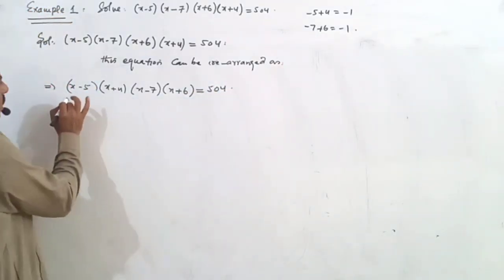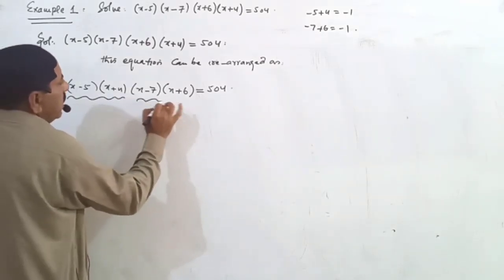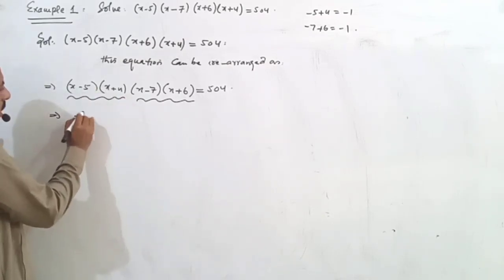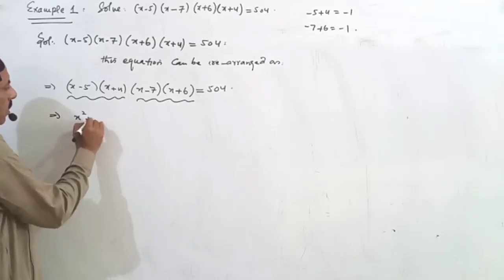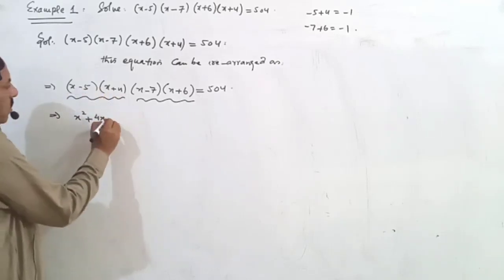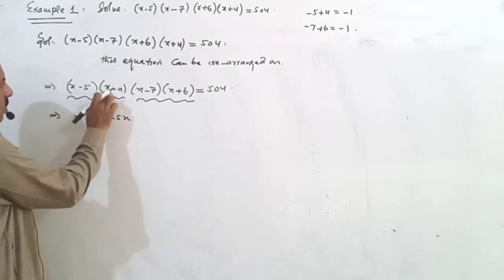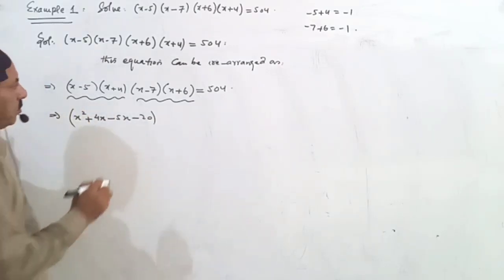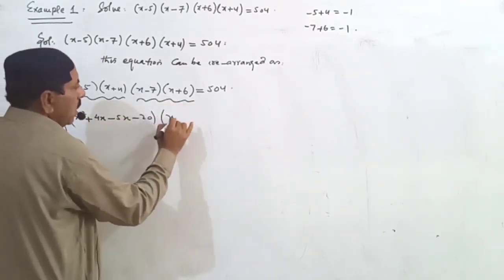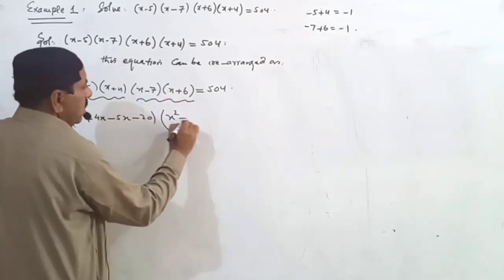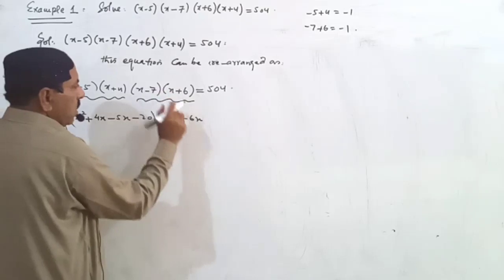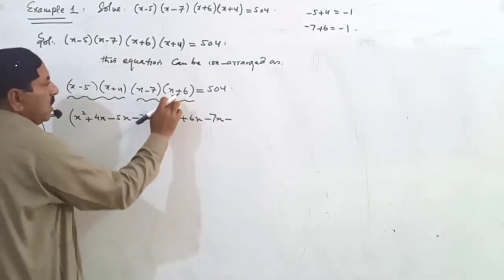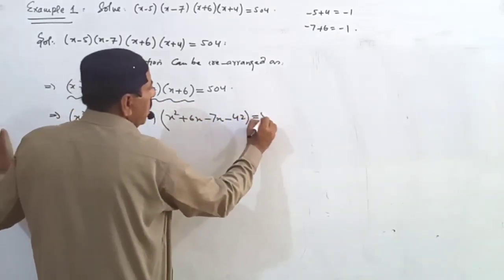Now, we have to multiply these two factors together and these two factors together. So, this will be x into x, x square, x into 4, 4x, minus 5 into x, minus 5x, minus into plus, minus 5 fours are 20. Again, x into x, x square, x into 6, plus 6x, minus 7 into x, minus 7x, minus into plus, minus 7 sixes are 42, is equal to 504.